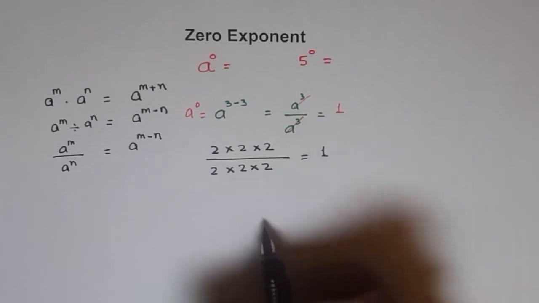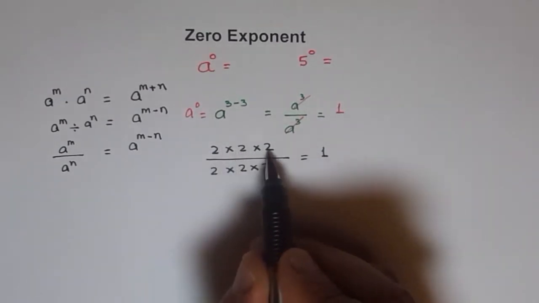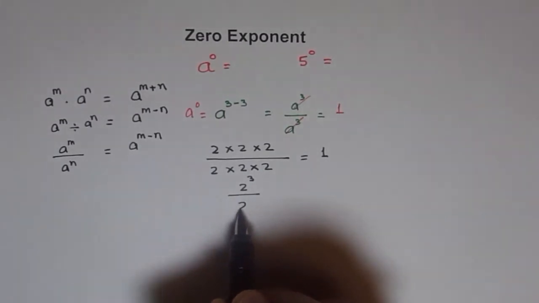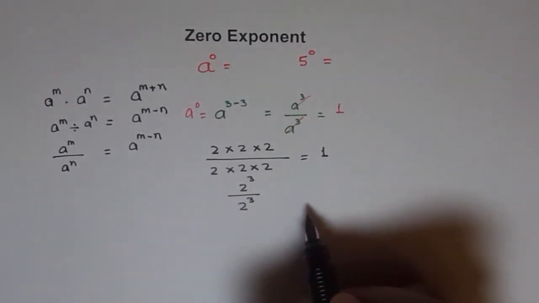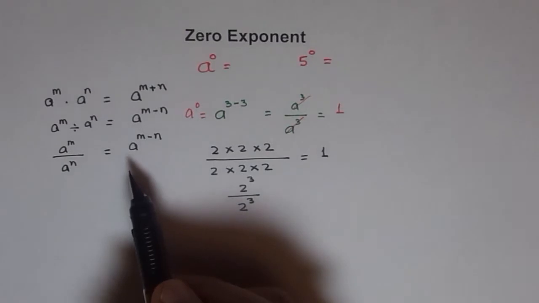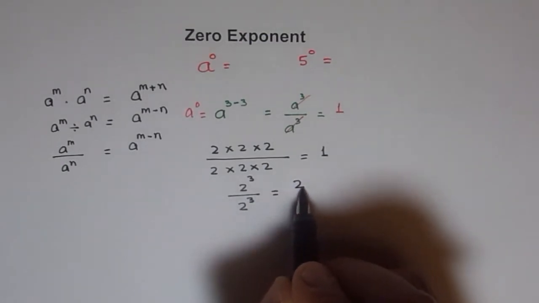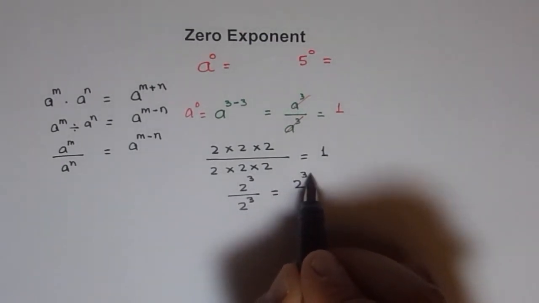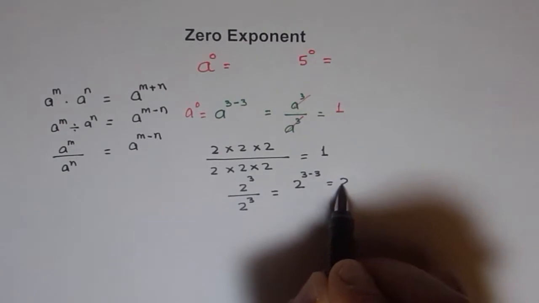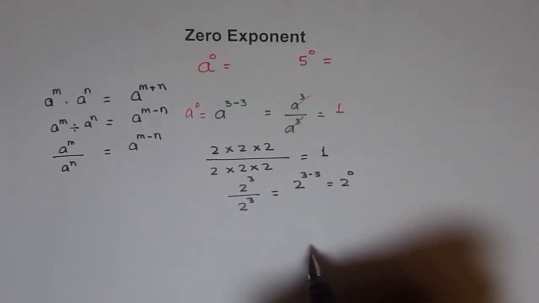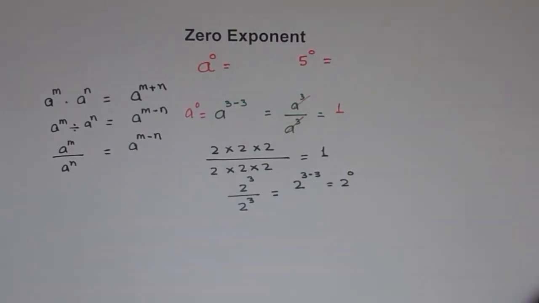We get 1. Well, what is 2 times 2 times 2? It is 2 cubed divided by 2 cubed, right? So if I use my law of dividing powers with the same base, I can write this as 2 to the power of 3 minus 3, which is 2 to the power of 0. But we know this is equal to 1. So 2 to the power of 0 is 1.